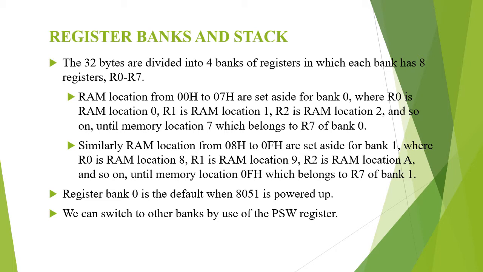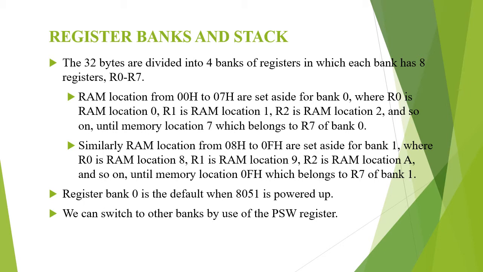Similarly, RAM locations 08H to 0FH are set aside for bank 1. Here R0 of bank 1 is in location 08, R1 is in 09, R2 in 0A and so on until memory location 0FH belongs to R7 of bank 1. Register bank 0 is the default register bank when 8051 is powered up.